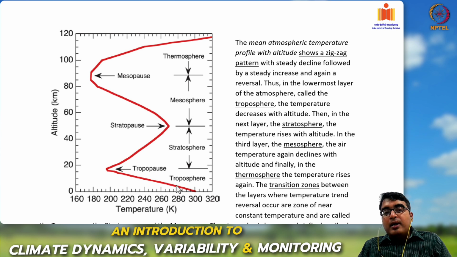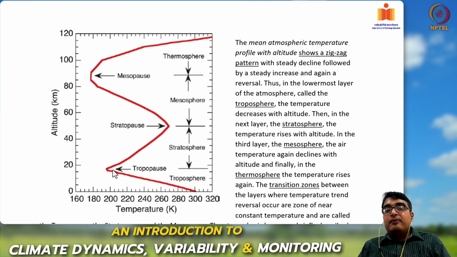All right. Around 18 to 20 kilometers from the surface, this linearly decreasing trend of air temperature begins to reverse itself, and we have an inflection point which is called the tropopause.